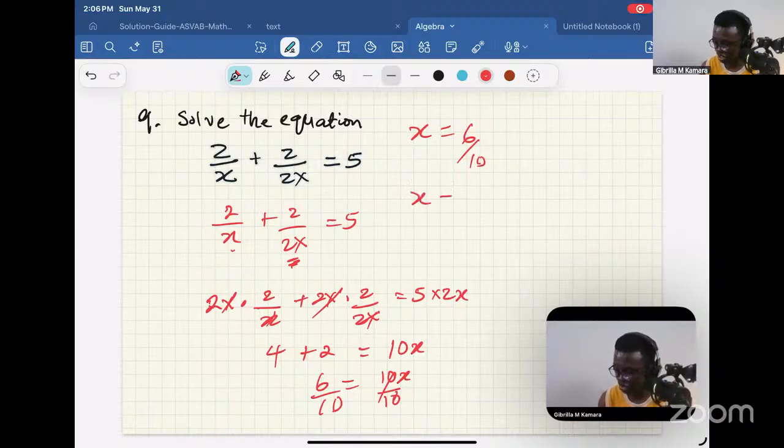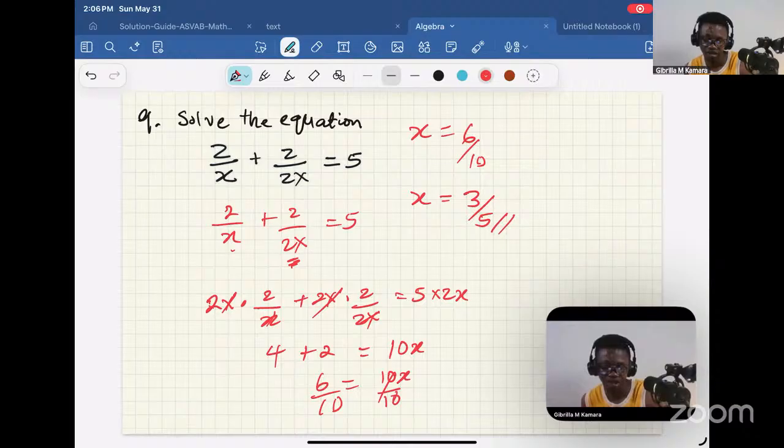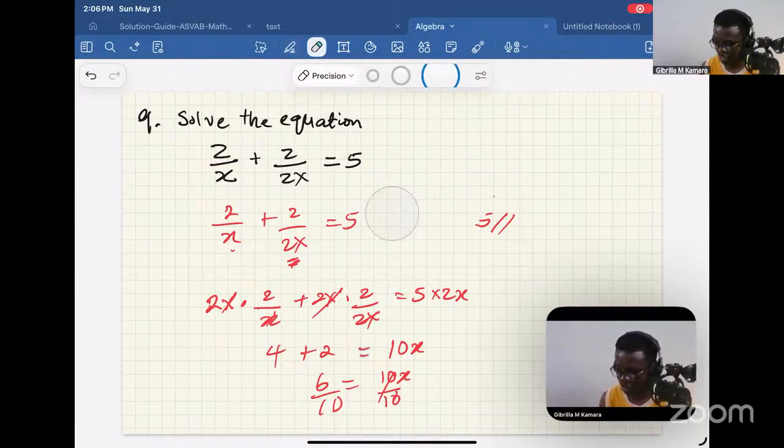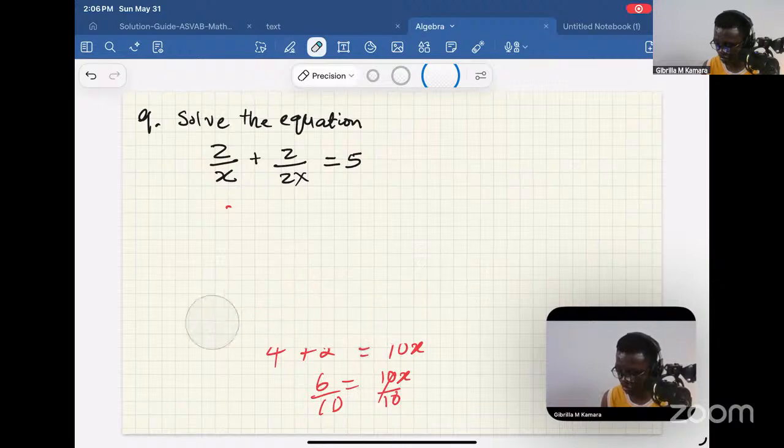Then if you want to break it down, 2 there is 3, 2 here is 5. Okay? And that is the solution. So whatever method you use, you will get the same answer.